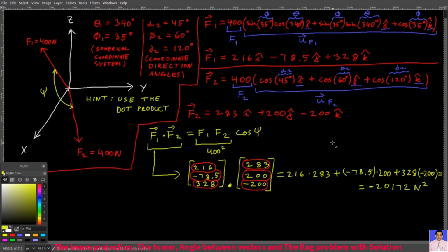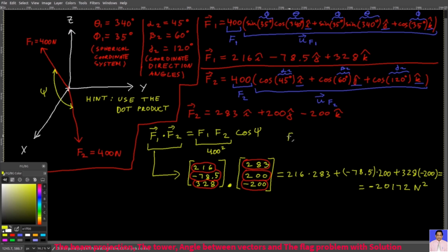Because remember, now we are not dotting an F vector with some kind of unit vector. The units of a force vector are newtons, and then the units of a unit vector were dimensionless. As a result, you would get some kind of force, and then your unit would be Newton. That's what we did before. But now we are multiplying two force vectors together using the dot product.